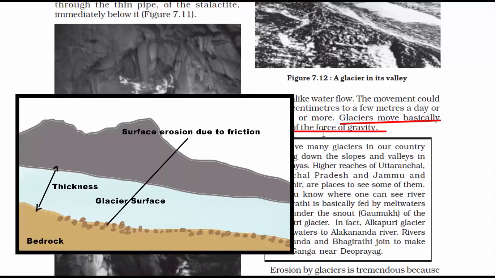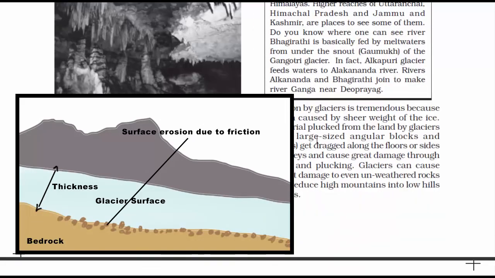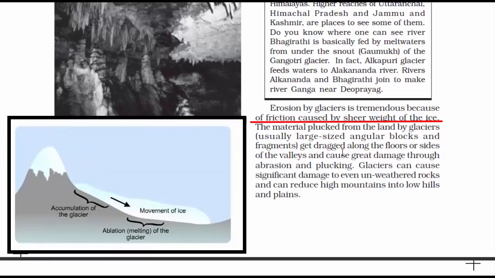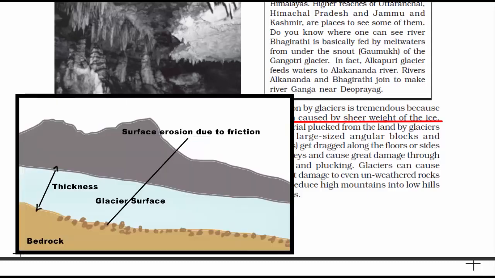Now glaciers erode the surface to a great extent because of friction caused by sheer weight of the ice. When this heavy load of ice moves, of course it will take along massive chunks of rock and soil debris. So I have told you that glaciers reside either at the foot of the mountain or at the slope, where it gets to move with the help of gravity. When a huge sheet of ice moves due to friction, it takes along large chunk of rocks and soil debris.